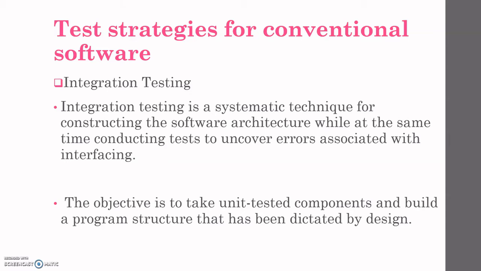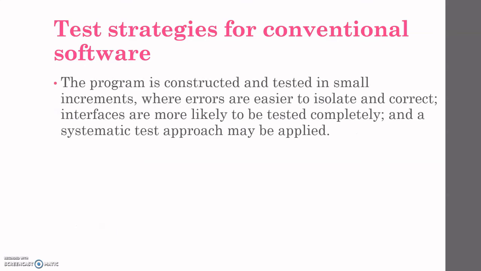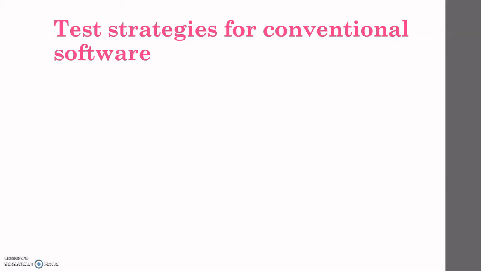So after unit test only we are performing integration testing. The unit tested components are taken and used to build a program structure that has been dictated by design. The program is constructed and tested in small increments where errors are easier to isolate and correct, interfaces are more likely to be tested completely, and a systematic test approach may be applied.